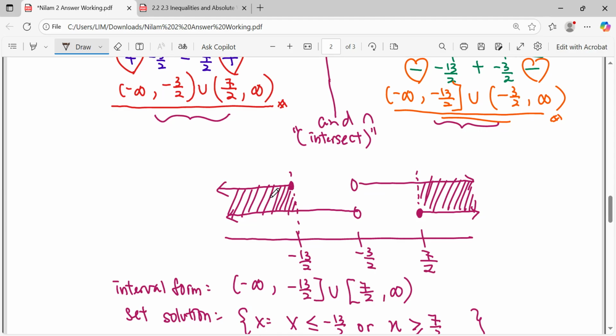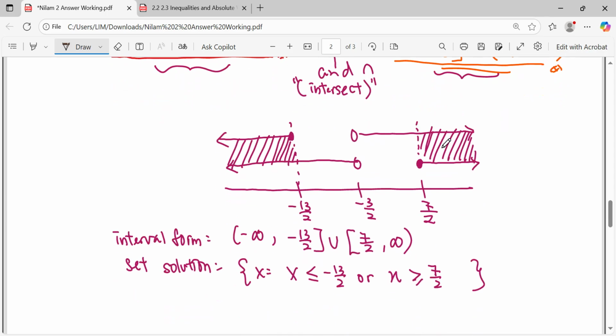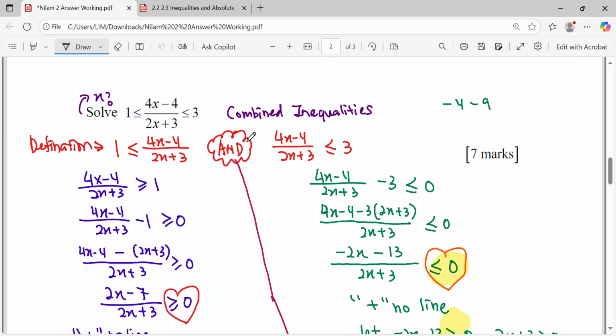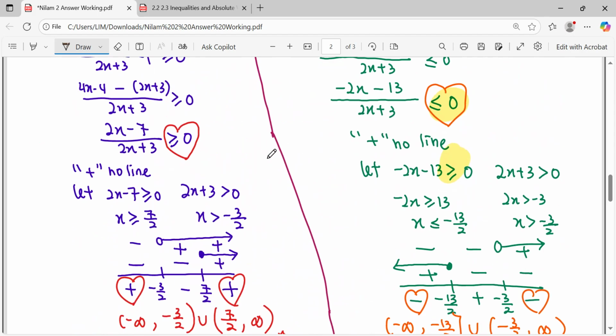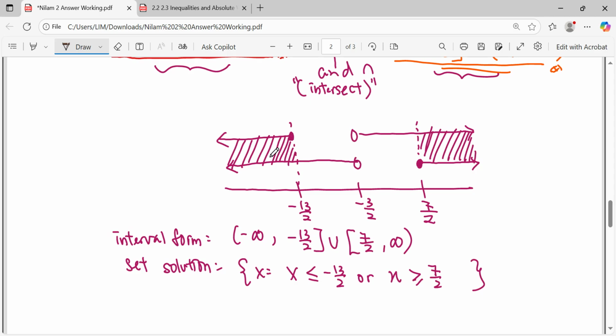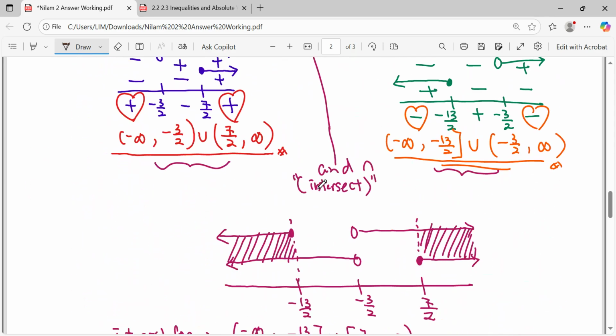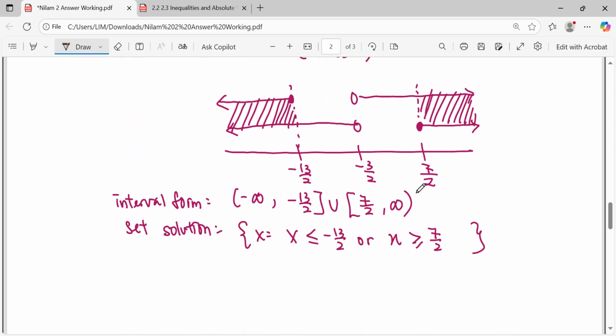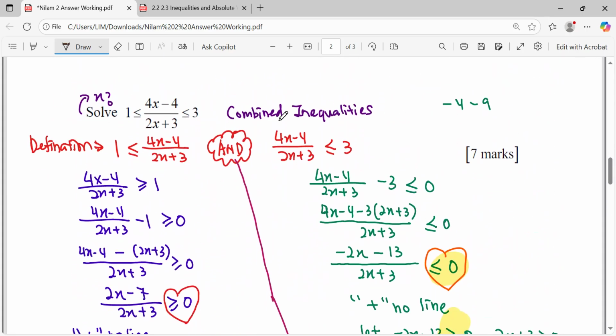Alright, so when do we use the shaded number line? We use it when there is the definition of 'and'. And we shade the region that overlaps, or we shade the union. But for this question there is no 'or', because for combined inequalities the definition must be 'and', like for example, I like A, I like B, so I like A and B. So A and B together, so in the term combined inequalities it will be the definition of 'and'.